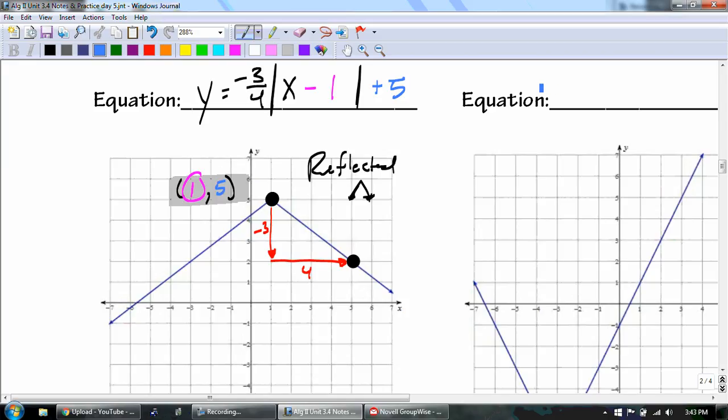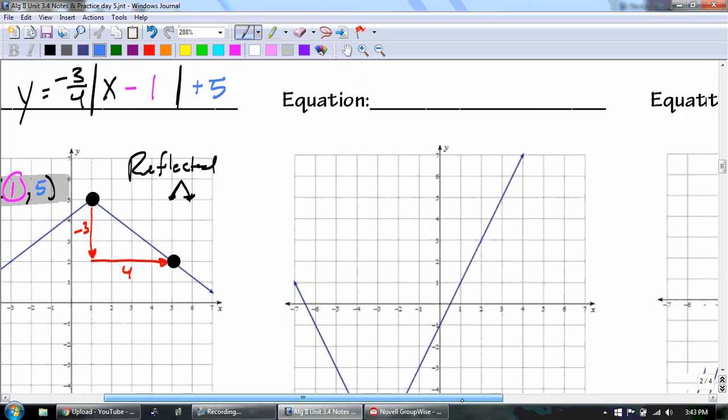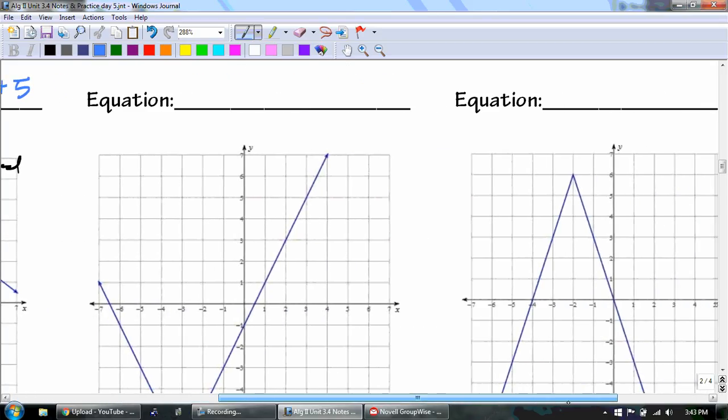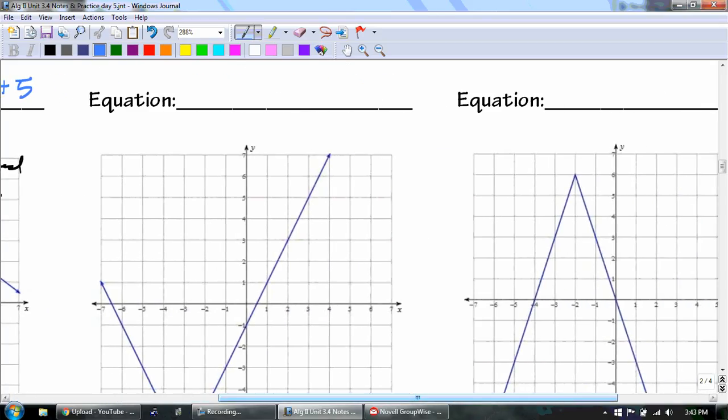So -1, +5. So then we get our equation of y equals -3/4 times the absolute value of x minus 1 plus 5. Okay? We have to find the slope, the average rate of change, and then we take care of the vertex. All right?